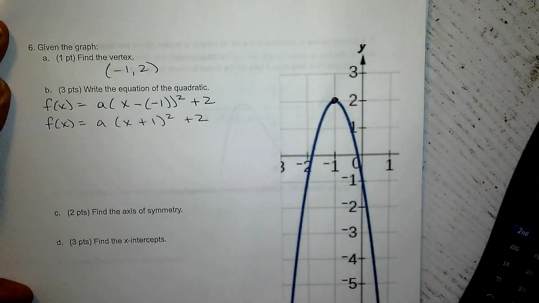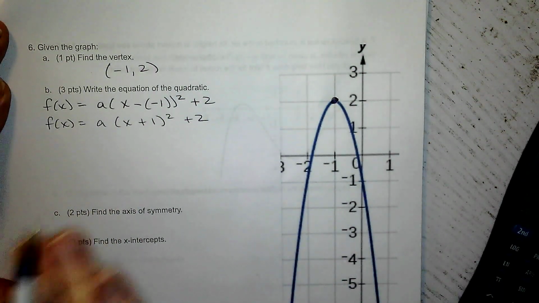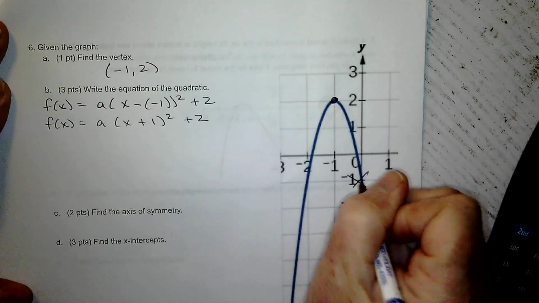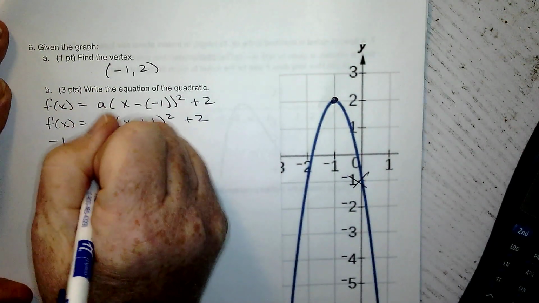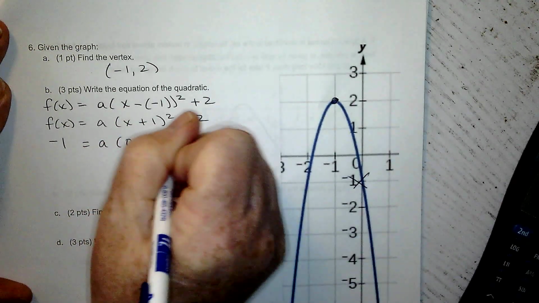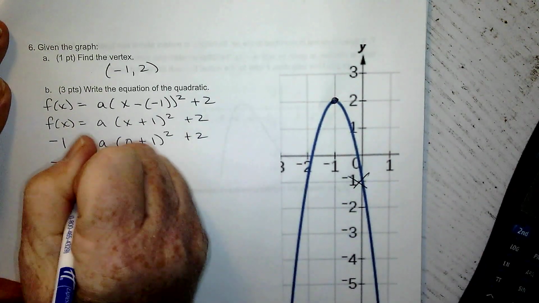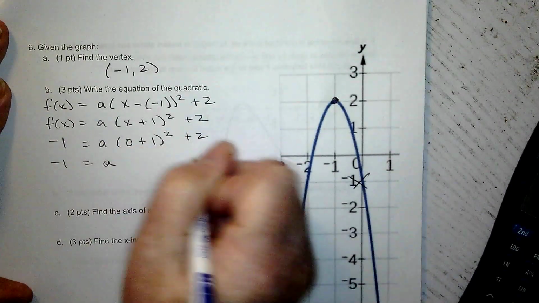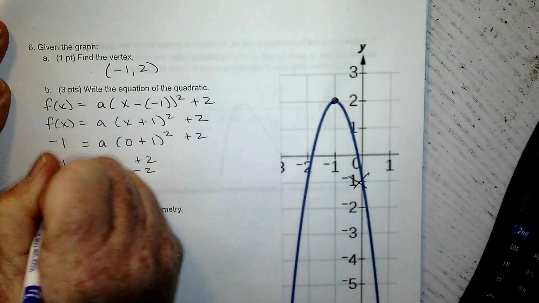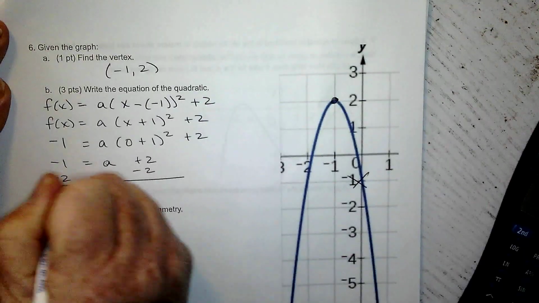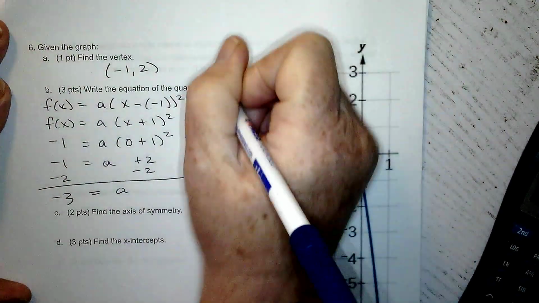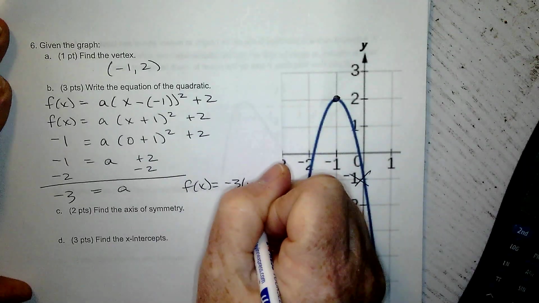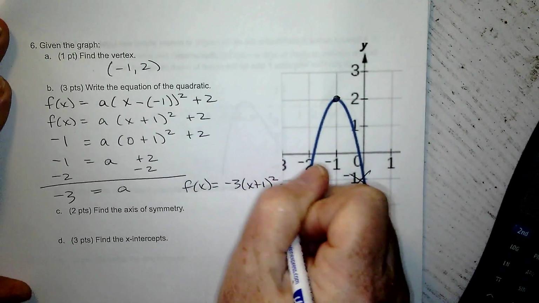Now I need any other point to find my a, and I'm going to use my y-intercept of (0, negative 1). One squared is 1 times a is just a plus 2. Subtract 2 from both sides. A is equal to negative 3. So f of x is negative 3(x plus 1) squared plus 2.